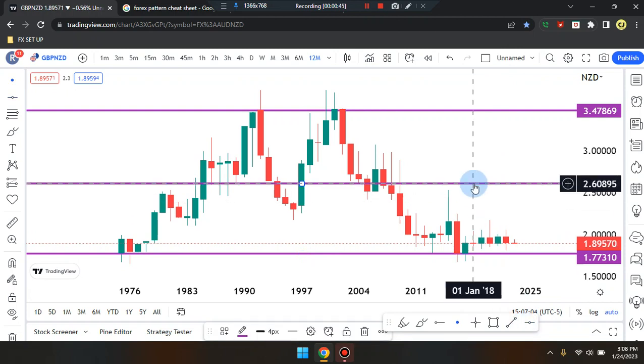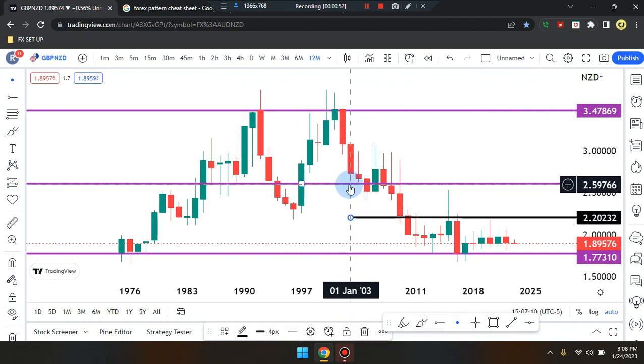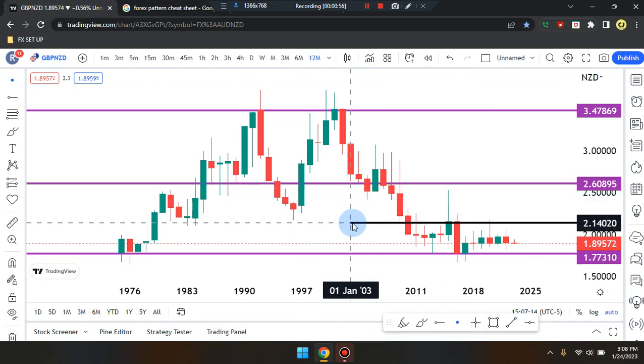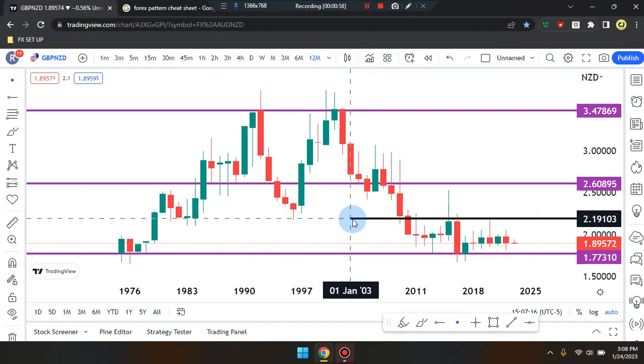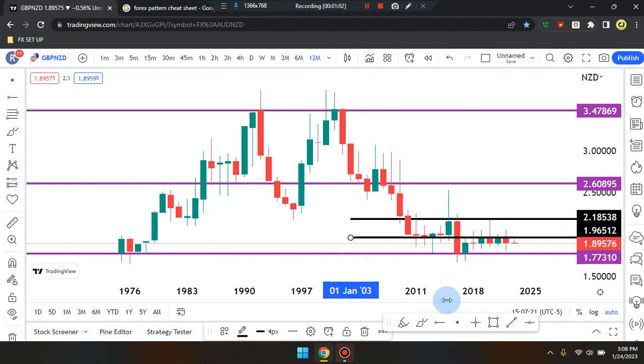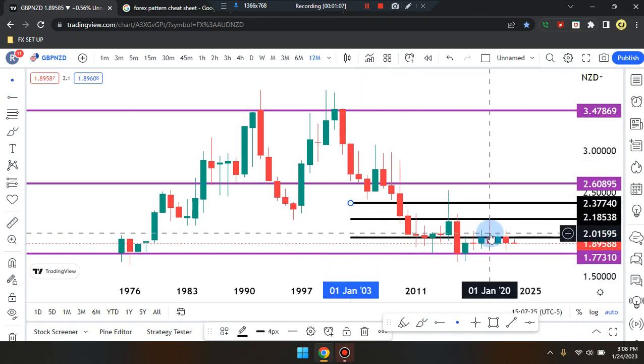Midpoint. Also adding second level lows. Third level lows and fourth level lows.